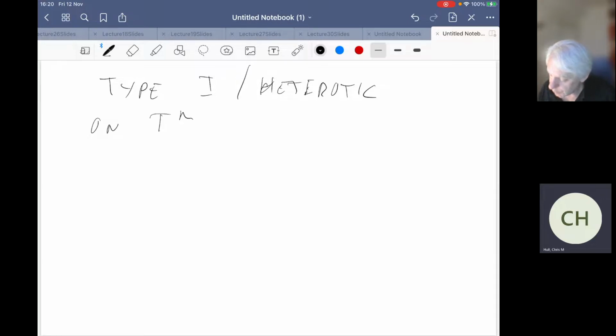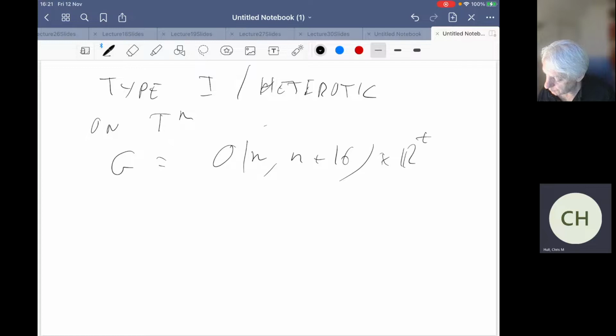We get a supergravity theory coupled to super Yang-Mills, which has got a group invariant under a group which is O(n,n+16) cross R plus for n less than 6, and it turns out to be equal to O(6,22) for n equals 6.